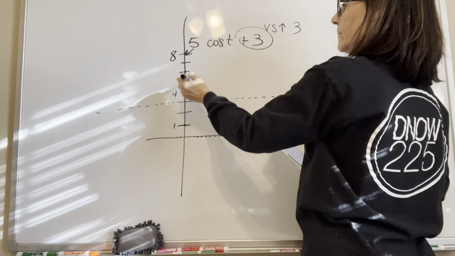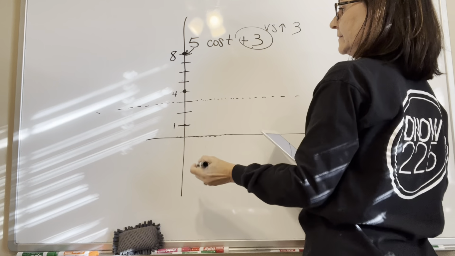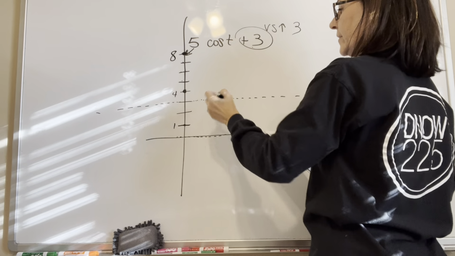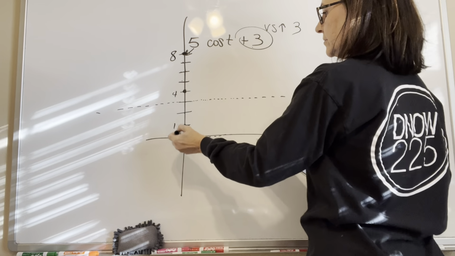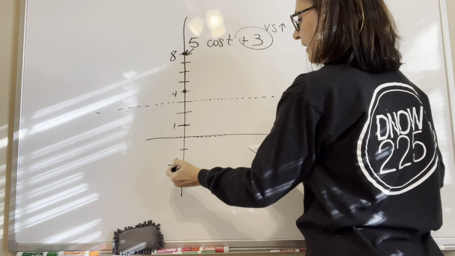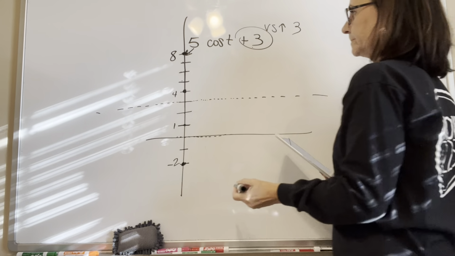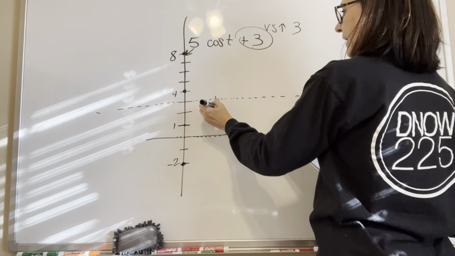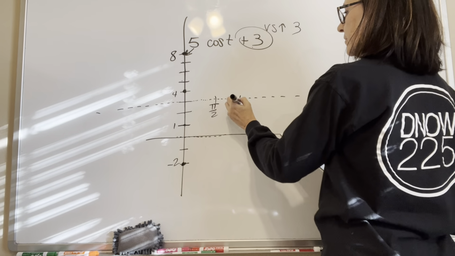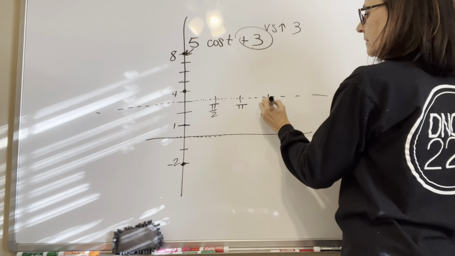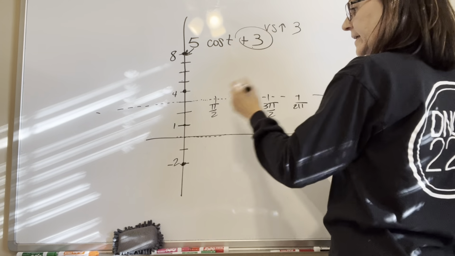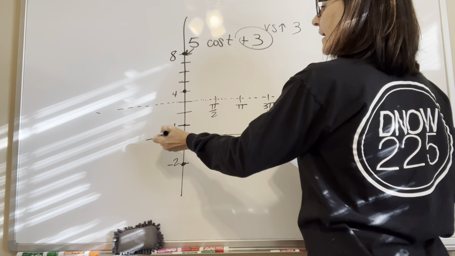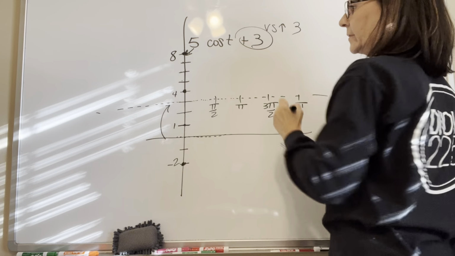We're going to start at 8, and we're going to go below that new x-axis 5. 1, 2, 3, 4, 5 to -2. Yeah, I made those a little bit bigger, huh? So that if this was pi over 2, pi, 3 pi over 2, 2 pi. See, I've shifted my x-axis up 3.